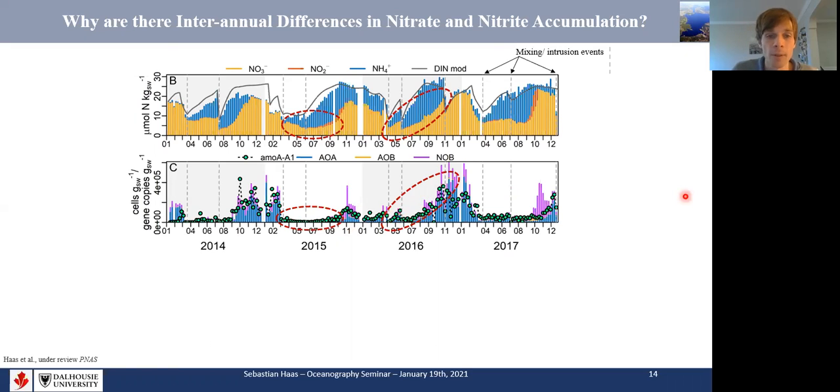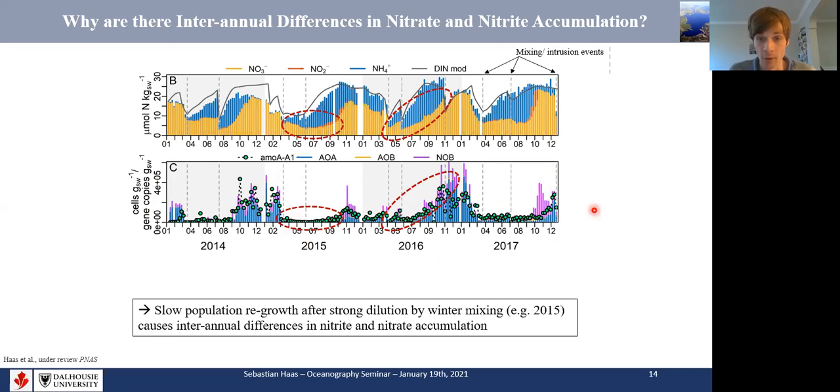And together with physical data indicating that winter mixing was probably more intense and longer in 2015 than in 2016, this led us to the conclusion that slow population regrowth after strong dilution by the strong winter mixing in 2015 caused these interannual differences in nitrite and nitrate accumulation.